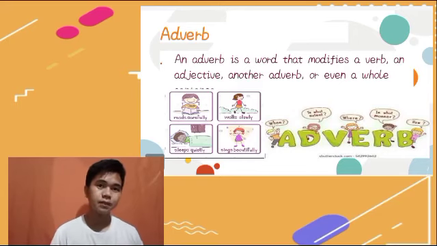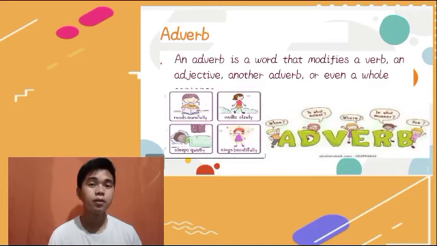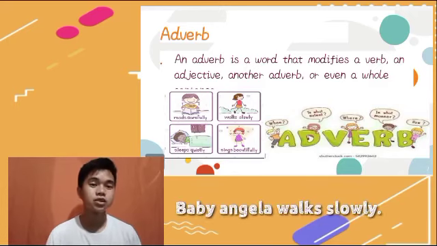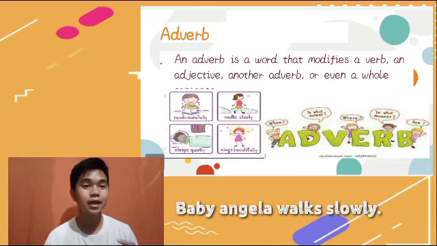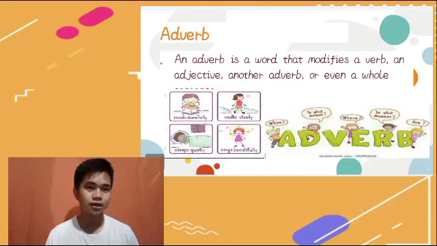These describe something that we are doing or an action of the subject. For example, baby Angela walks slowly. In this example, the adverb that we used is the word slowly because it describes how baby Angela walks. Sometimes we can simply determine the adverb by the last letters on it, which are l-y.